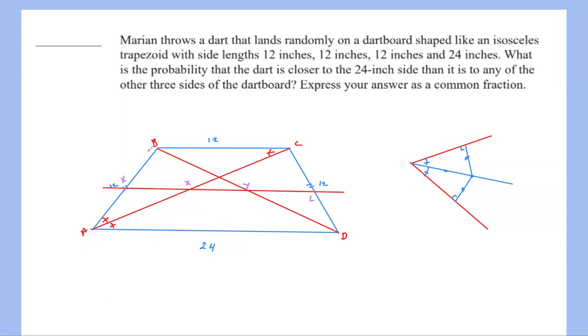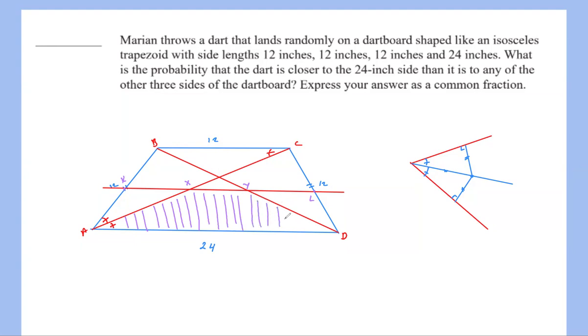And BK and KA are equal because we're drawing a mid-segment, so we can see it right in the middle. And the region we are trying to find is this piece. This is what we are trying to find out of the whole area of the trapezoid.